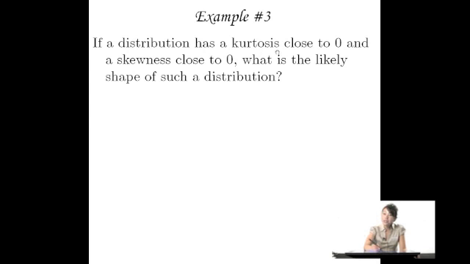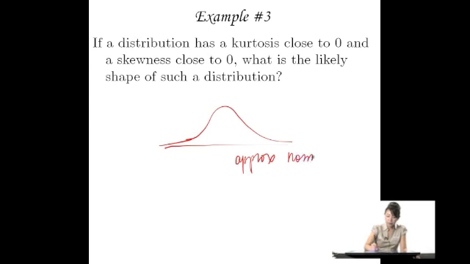But with a kurtosis that's also 0, we know that the tails are not too fat, not too skinny, and the peak is not too pointy and not too dull either. And so if both kurtosis and skewness are 0, we could very likely think of this as approximately normal. That's probably a good way to guess.